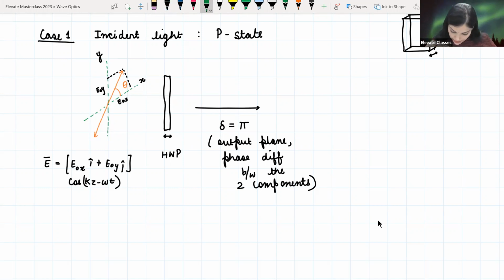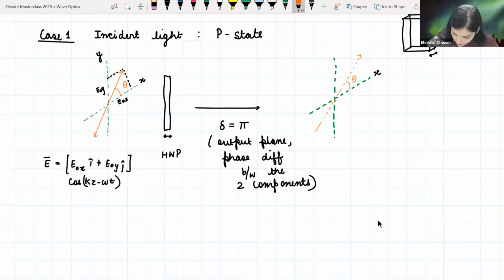So if this is my system, initially my field was something like this, making angle theta, and this was my optic axis, this was my X. So now I will get something like this, so that it's rotated like this.